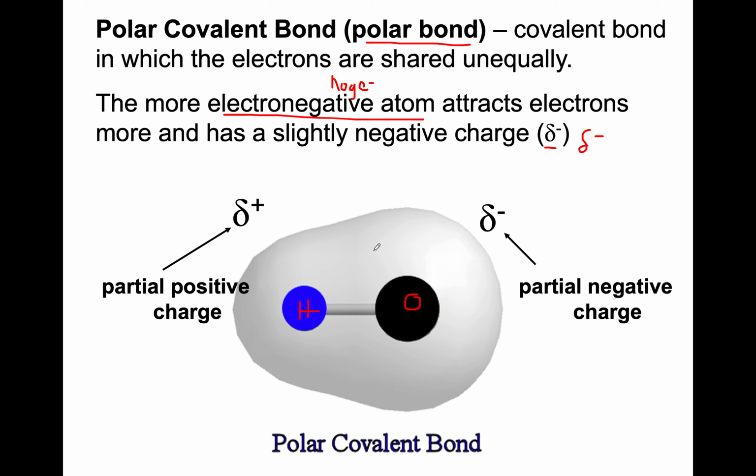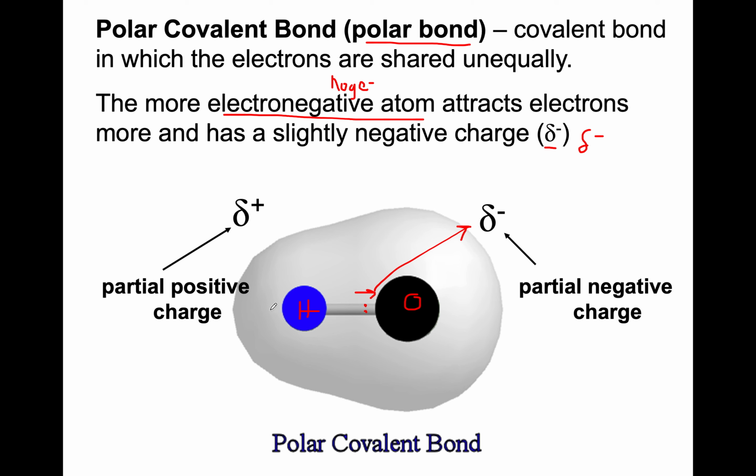So hydrogen kind of wants to give away its electron. Oxygen really wants to get its electrons. So it's going to form a polar covalent bond. And as a result, because the electrons are closer to oxygen than hydrogen within this bond, this is going to be more negative, because they're closer to oxygen.